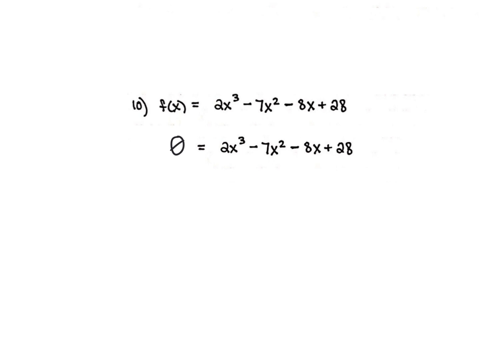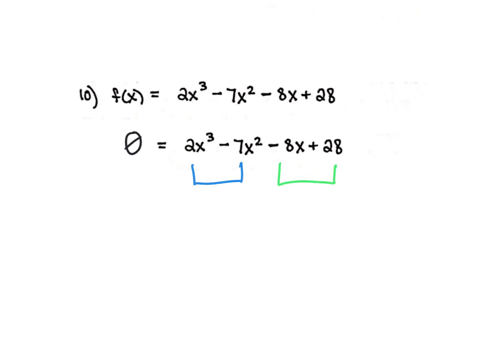So factoring by grouping, we have the blue bracket pair and the green bracket pair. For the blue bracket pair, that would be a GCF of literally just x squared times 2x minus 7. And then for the green bracket pair, that would be a negative 4 on the outside, and that would be a 2x minus 7 also.